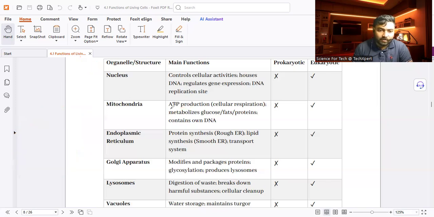I think it's better to write here energy production, otherwise you will be confused about what is meant by ATP production.